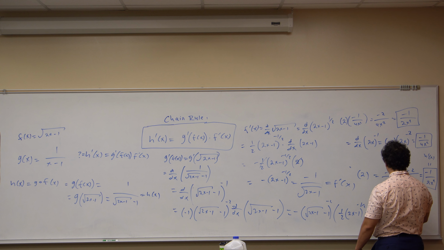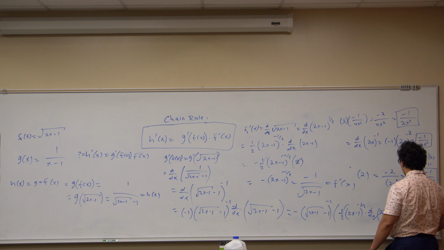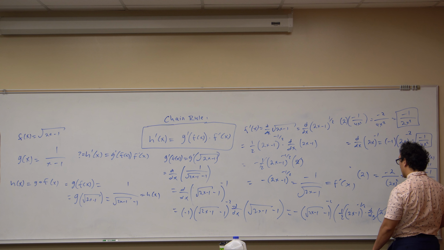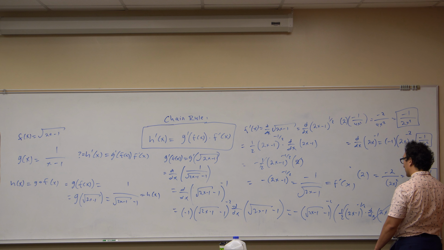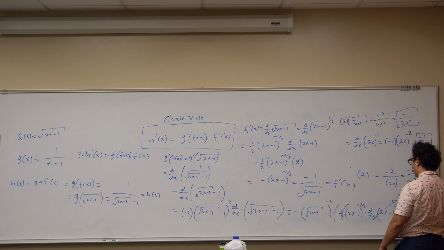Okay, so this part just becomes a 2 from our previous calculation. This 2 cancels out with this 1/2. So what I end up getting here is 1 over, and it's a negative 1, this square root of 2x minus 1 squared times this 2x minus 1.